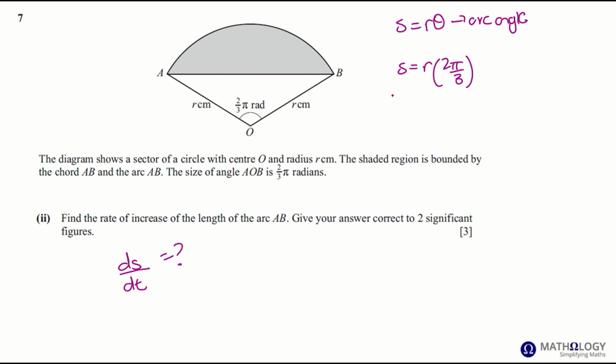We now are going to find a differential ds/dr, because we have to find the differential ds/dt. So ds/dr will be, 2 pi by 3 is a constant, and the derivative of r will just be 1. So ds/dr is 2 pi by 3.